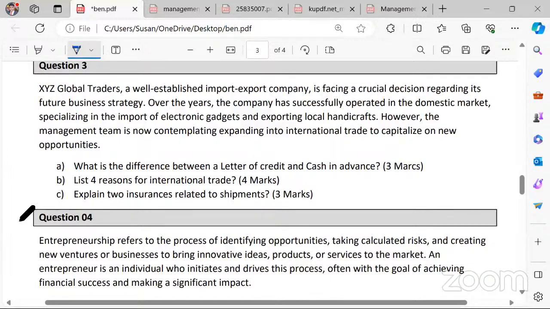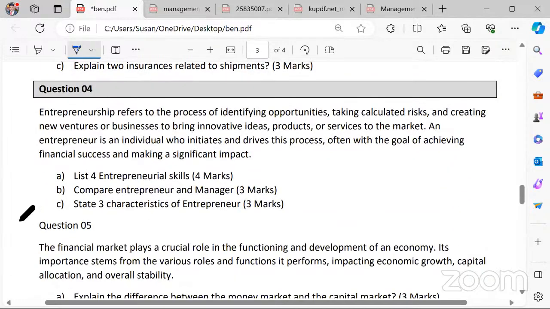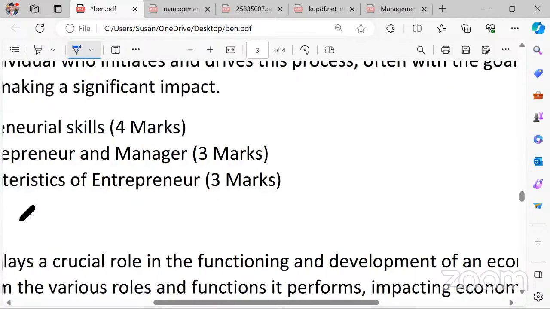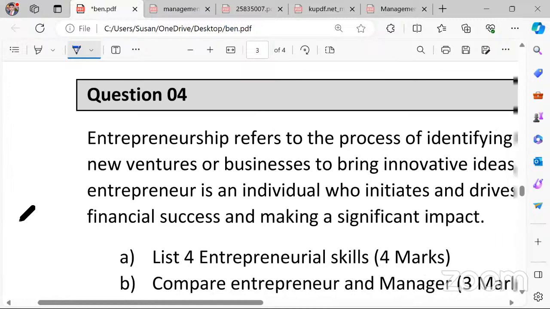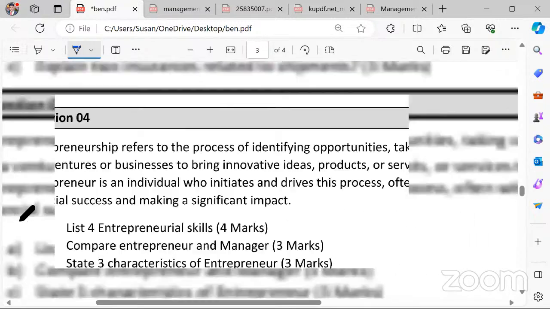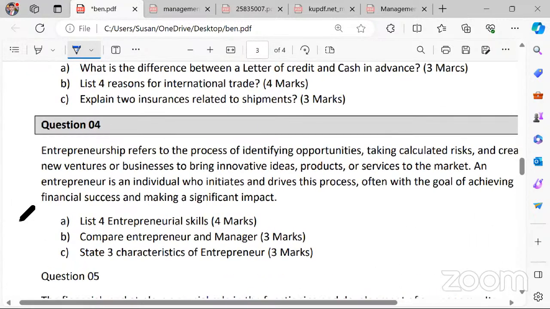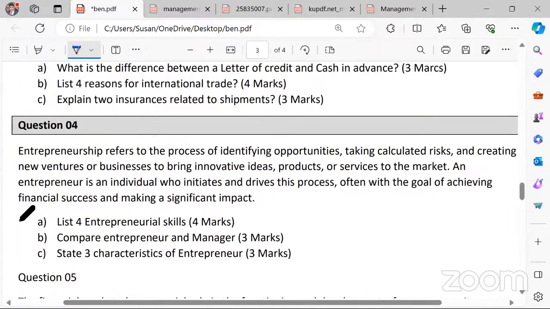There are two main types of insurances. Right, try to understand what this case is.